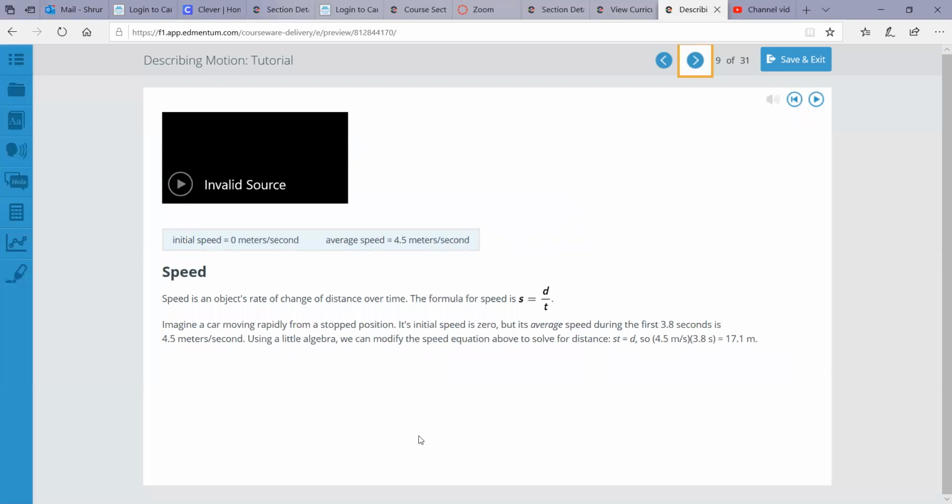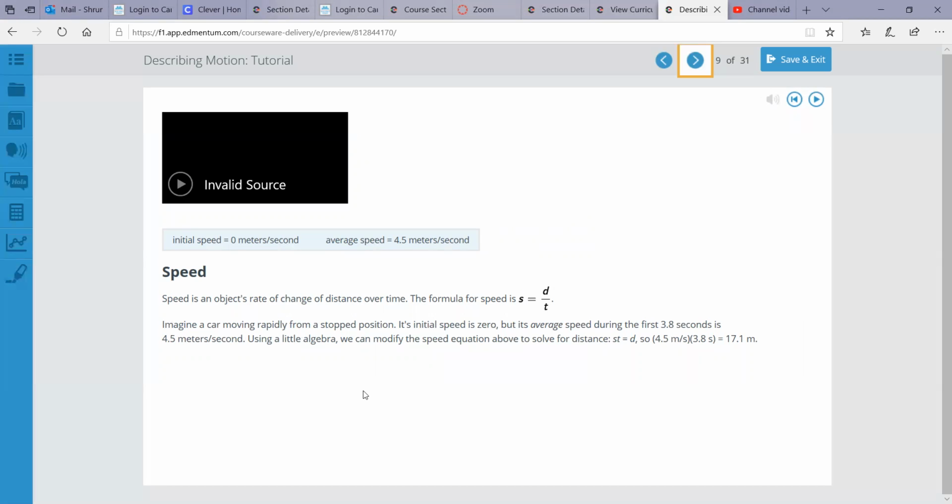Speed is an object's rate of change of distance over time. So s equals change in distance over time. Imagine a car moving very fast from a stop position.